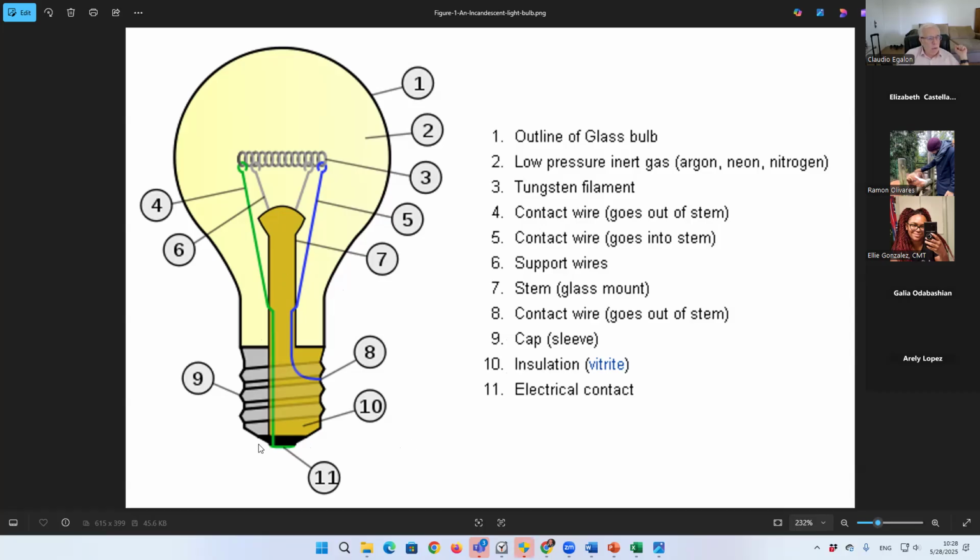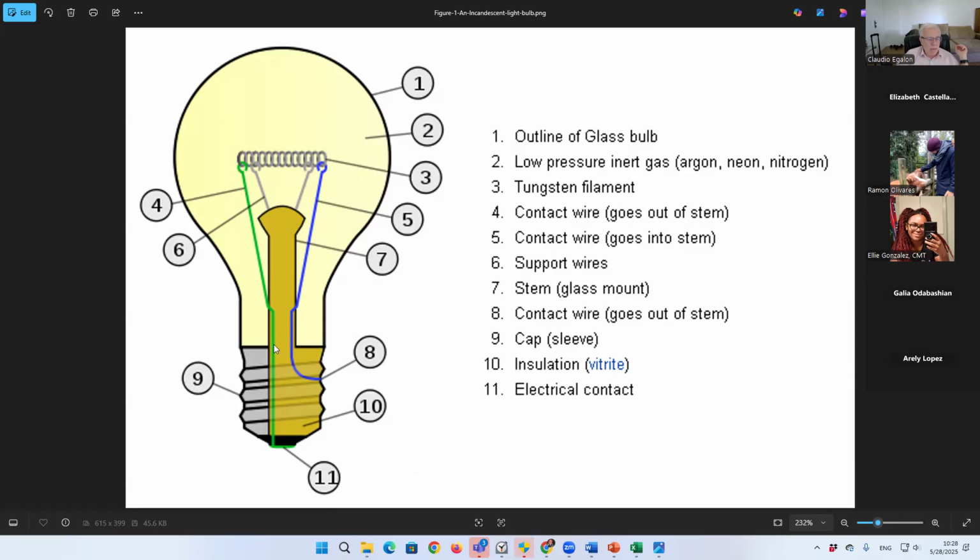So when you're going to measure the resistance of this light bulb, you have to make sure that you're measuring the resistance between those 2 points here of the filament. Okay? And how do you do that? You cannot break the light bulb and put the probe there inside. Okay, but you can do something else. You can put the probe in contact with this tip, which is in electrical contact with this end of the wire.